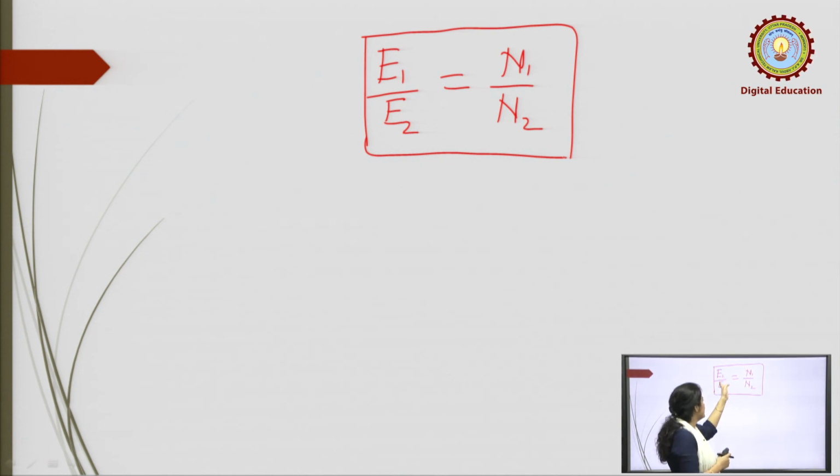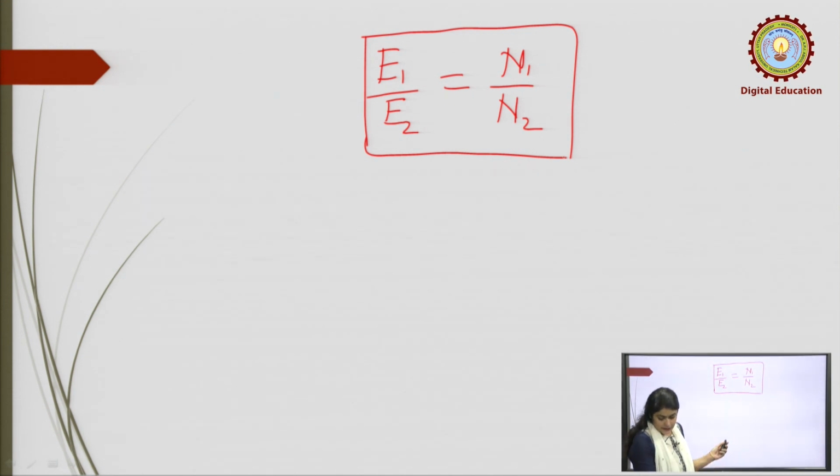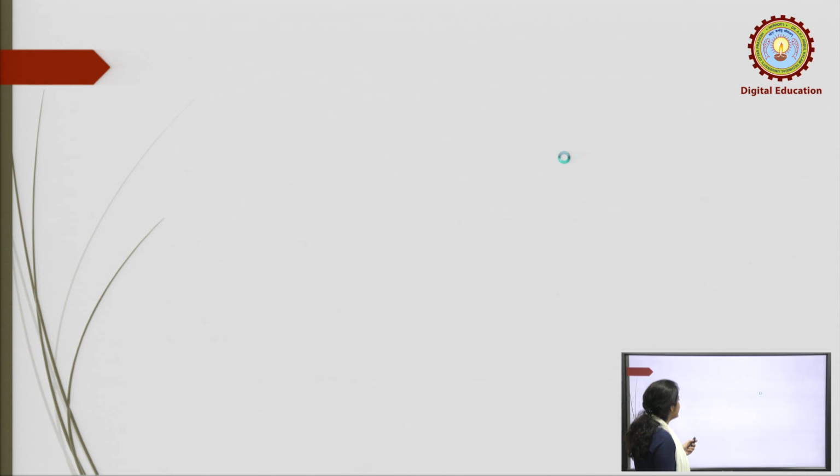If you know E1, you will find E2, and it depends upon the number of turns in the primary and the secondary. Okay. So, this is how this transformer action takes place. Now, we see the phasor diagram at no load.